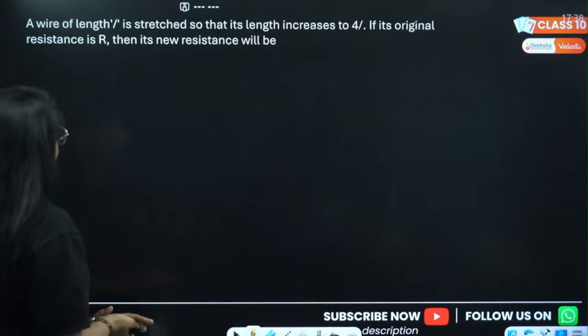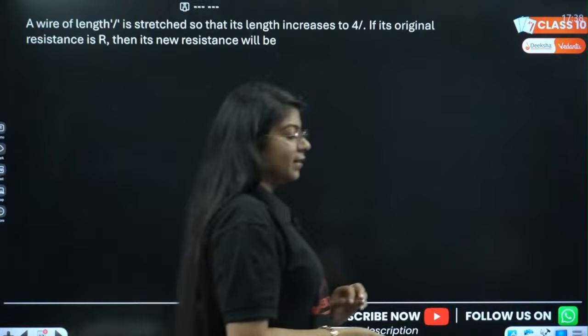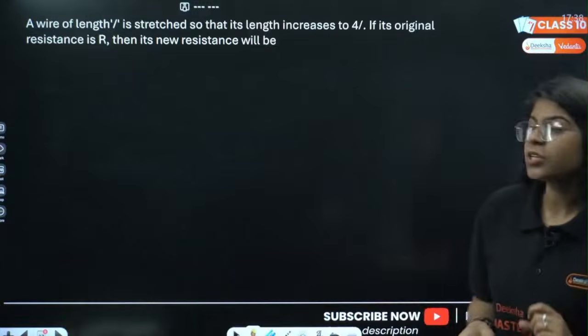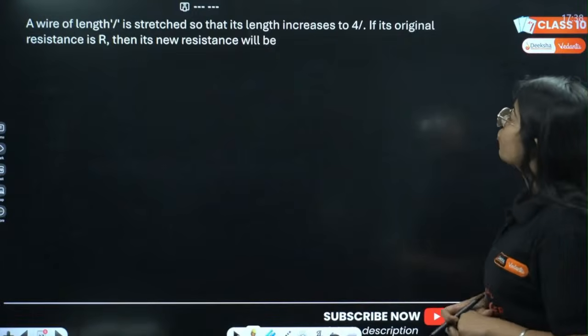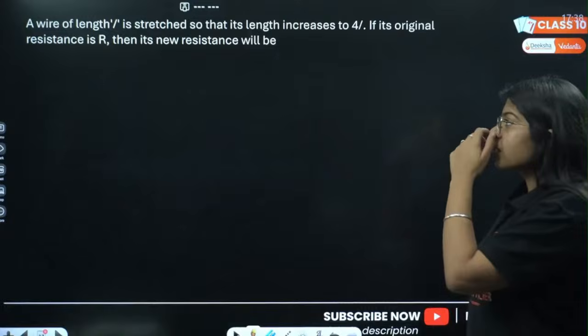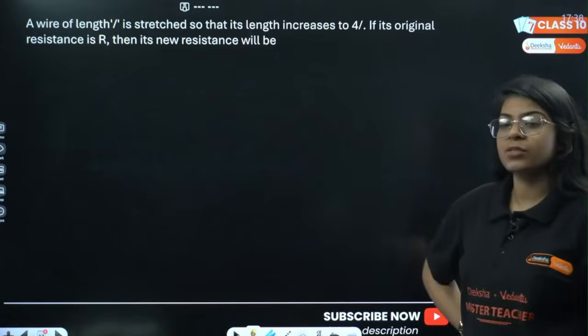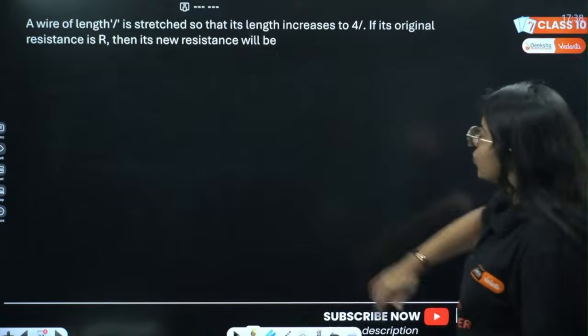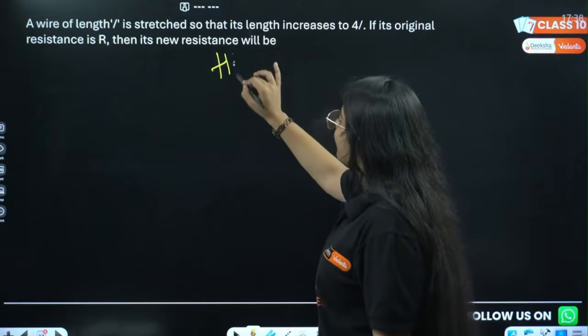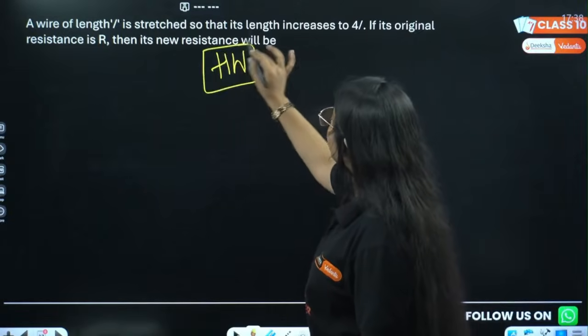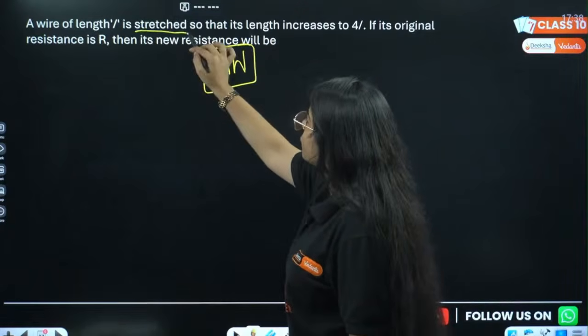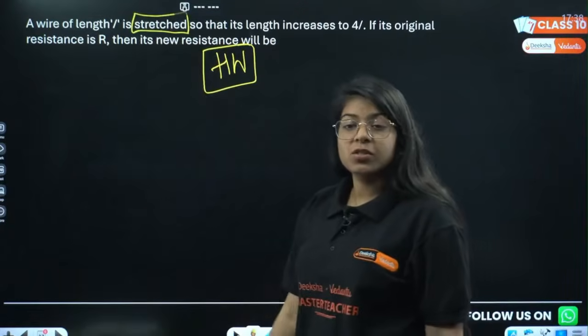Next question. A wire of length L is stretched so that the length increases to 4L. If its original resistance is R, then its new resistance will be what? This is your homework, because I have solved this kind of question where we see that if the length is stretched, right? This is your homework.